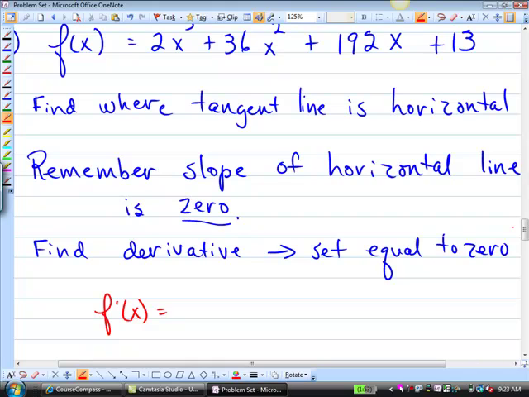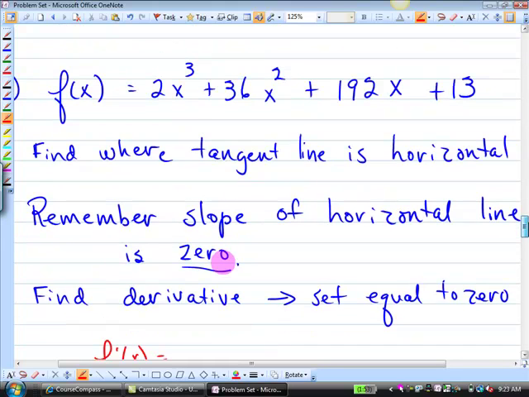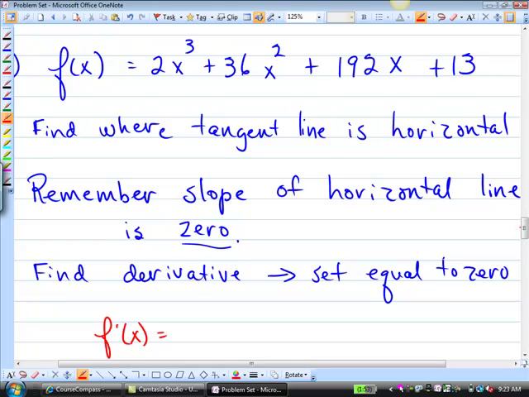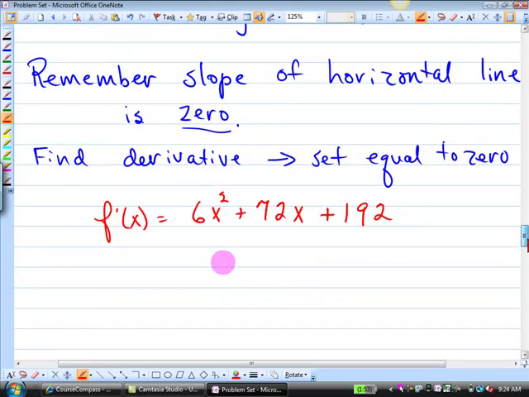That's what we have to do. So let's find the derivative of that top thing. Okay. So what's the derivative of that? 6x squared plus 72x plus 192. And then we're going to take that derivative and set it equal to 0.